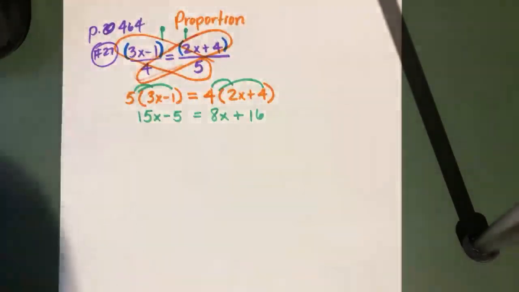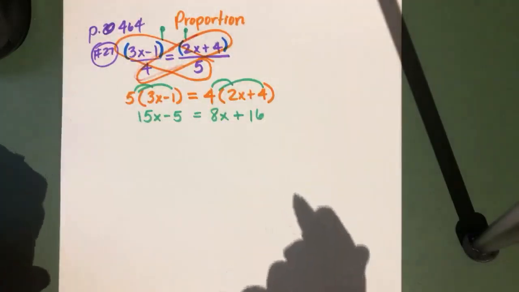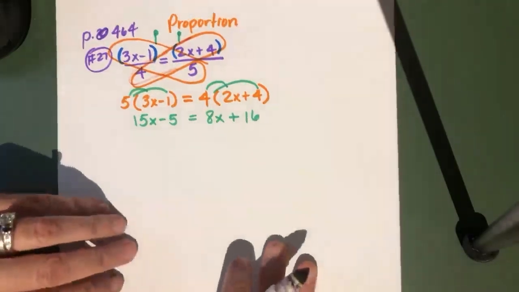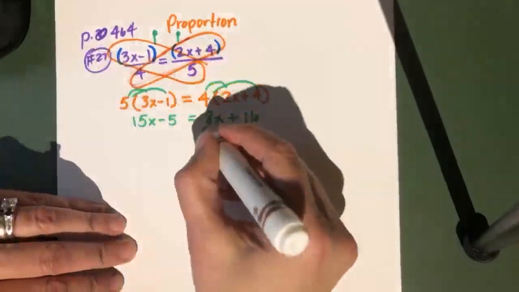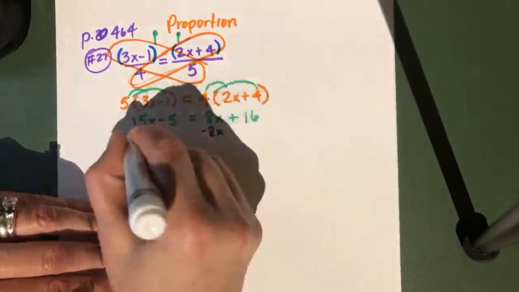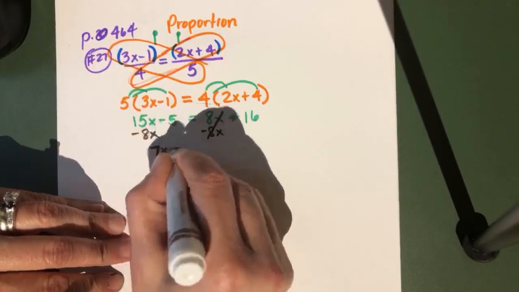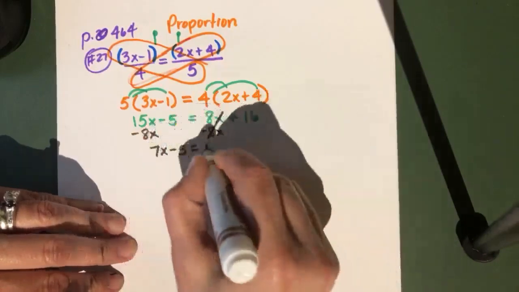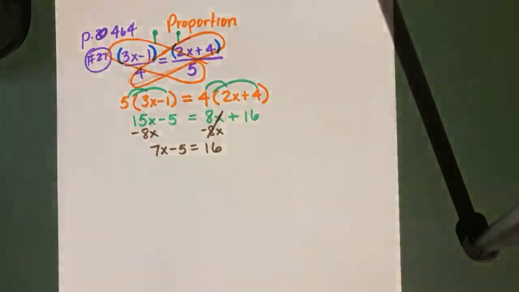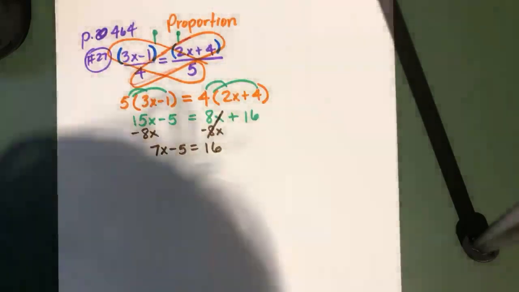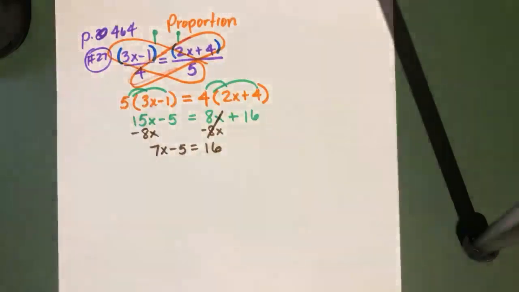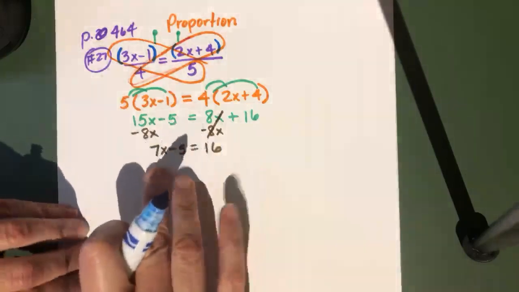So now after I've done that, I simplify it just like any other algebraic equation. So let's get all the x's on one side. So I'm going to subtract 8x from both sides. And that's going to leave me with 7x minus 5 on one side and 16 on the other. After that, I want to isolate the constants. I've gotten all the variables on one side.